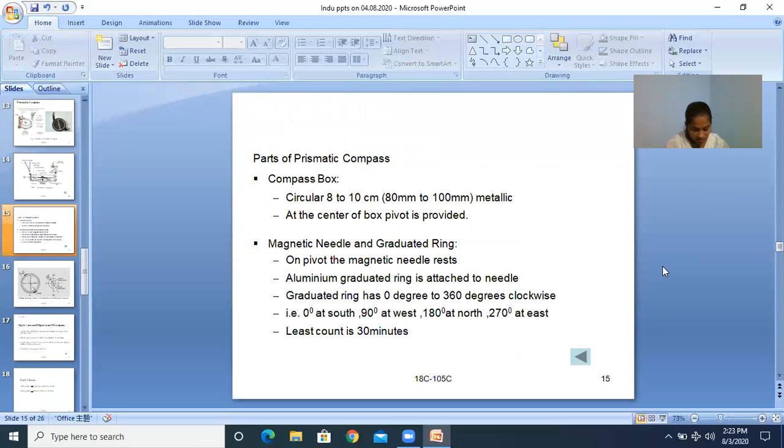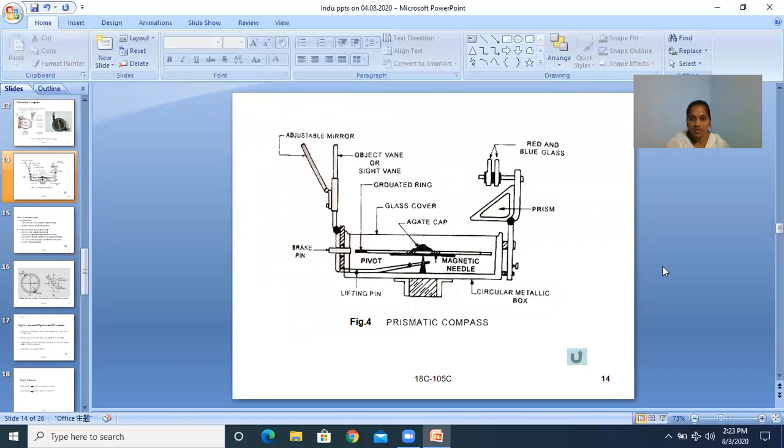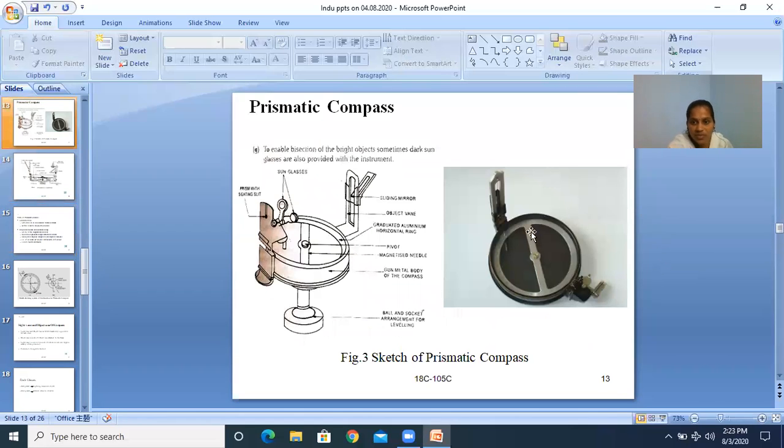The function of the circular box is that it holds a magnetic needle and graduated ring freely floating on a pivot located at the center of the box. The pivot holds the magnetic needle, so the needle can move freely on its top. So that is the function of this circular box.